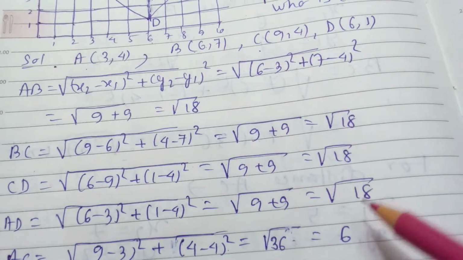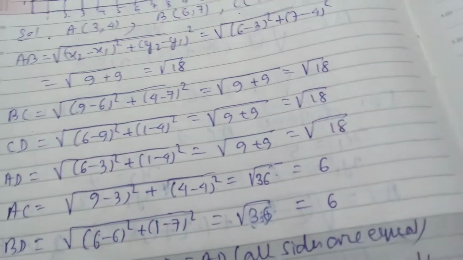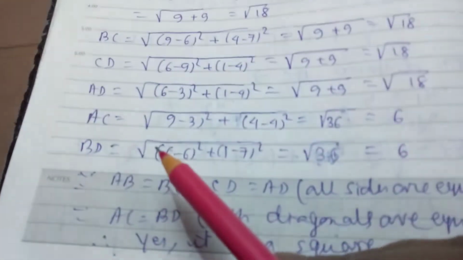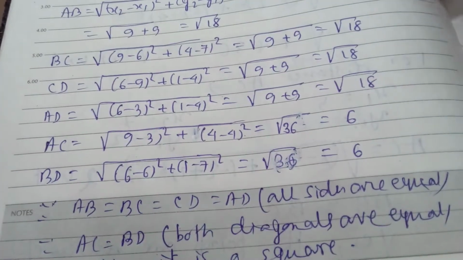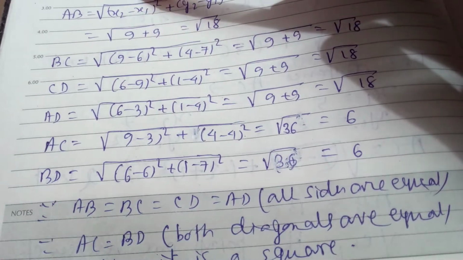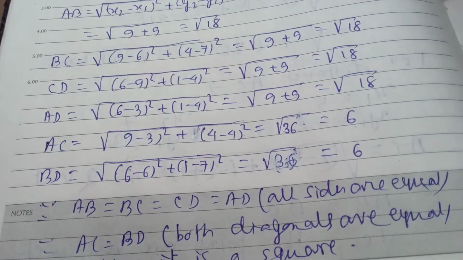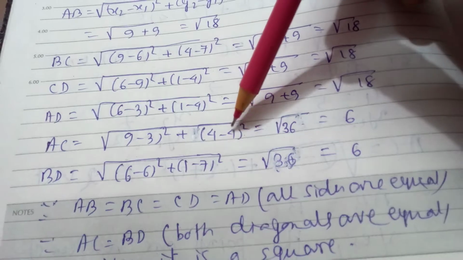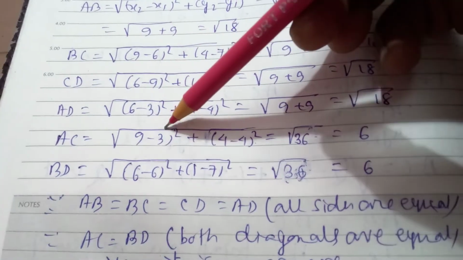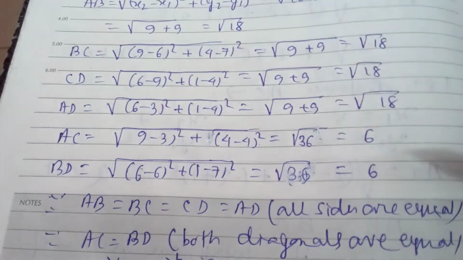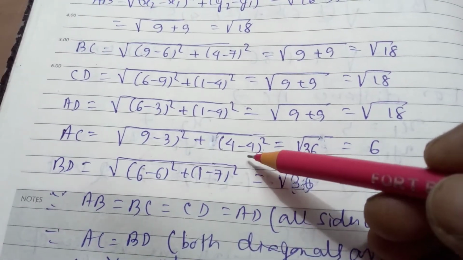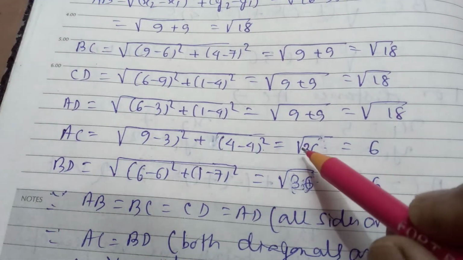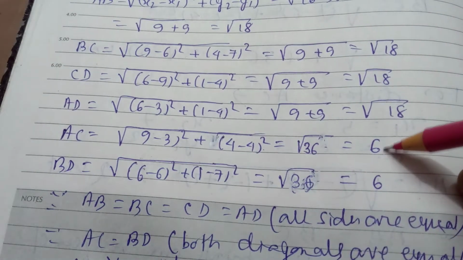All the sides are the same. Now the two diagonals, AC and BD. AC equals (9 minus 3) square plus (4 minus 4) whole square. So 9 minus 3 is 6, squared is 36, and 4 minus 4 is 0, so no need to write it down. Root 36 equals 6.